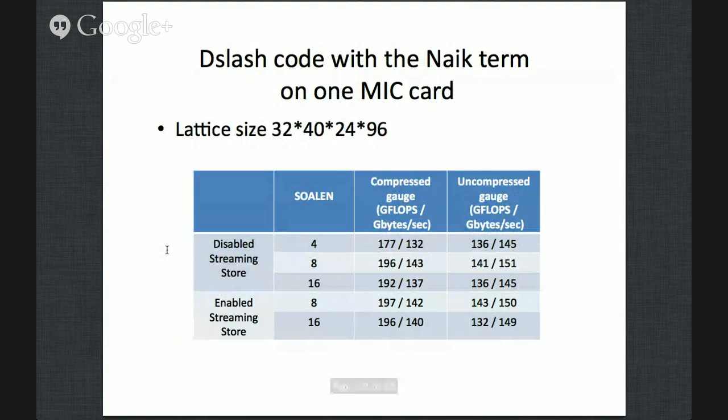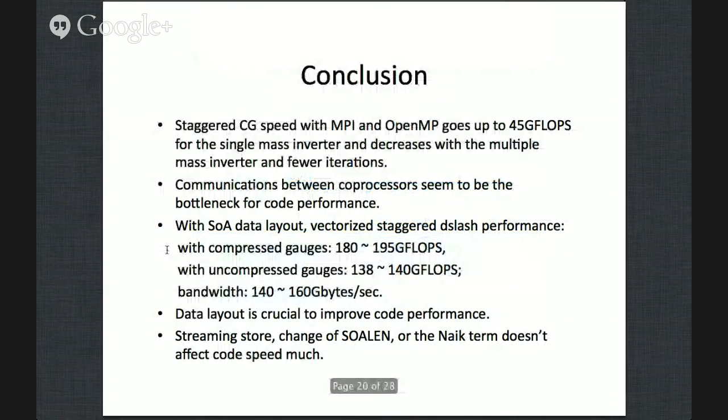And so here's another example, which is similar. And so, conclusion. When we test our staggered quantity gradient routine with MPI and OpenMP, the code doesn't seem to be fully optimized.